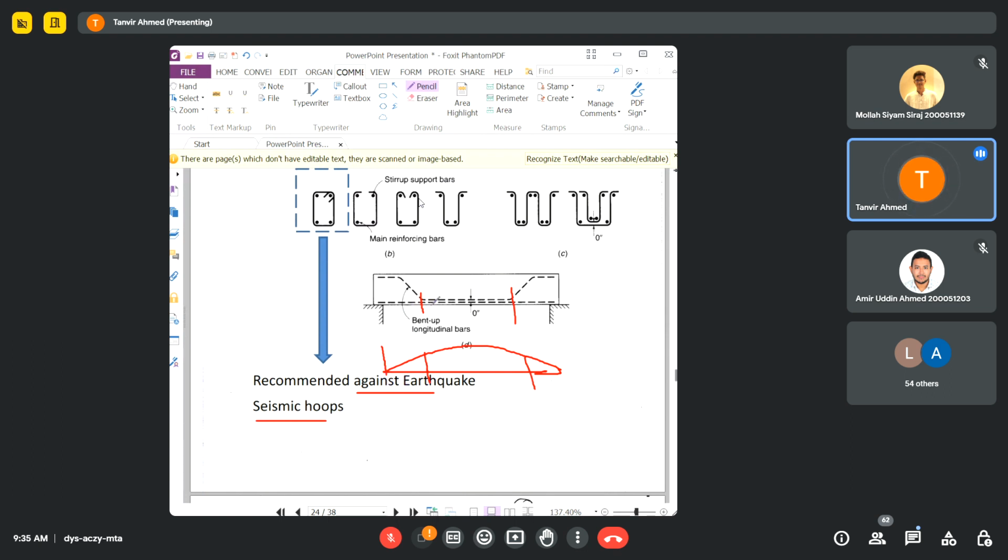So instead of using two bars, you can take one bar and crank it. If this is done, it can be like this. Suppose you have four bars in the bottom and two bars on the top.